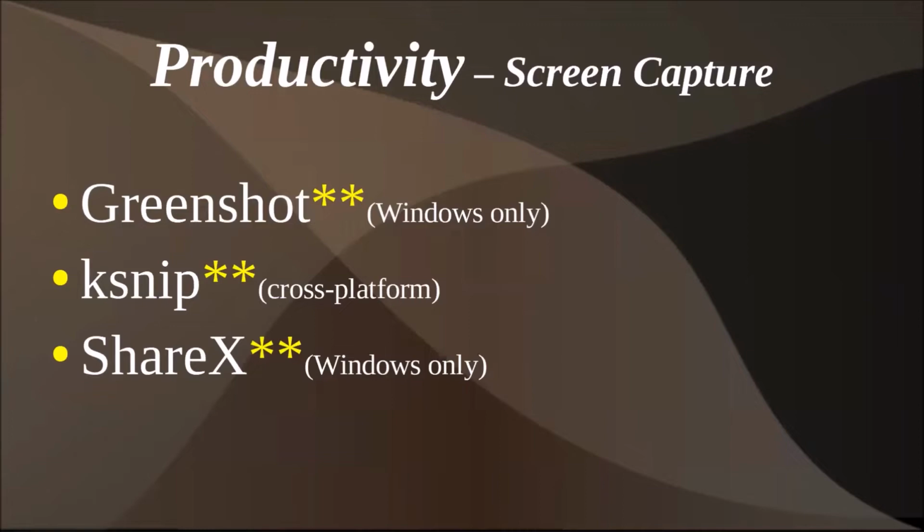Here are some programs that you can have that will take screenshots of your computer, the whole computer, the window that you're working on, or just a portion of it. GreenShot, KSnip, and ShareX. Now, 2 of them are just for Windows, but since most of you are Windows people, I include a lot of the Windows stuff. But KSnip is one that's cross-platform, and I really like that one.